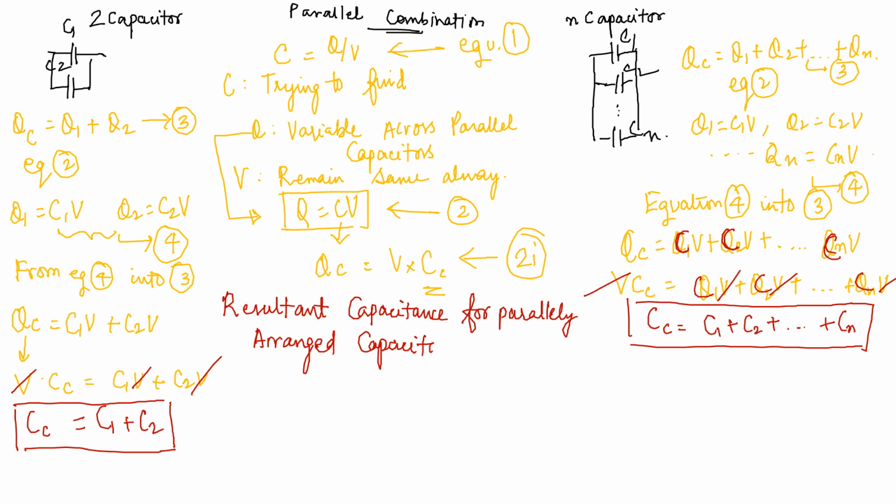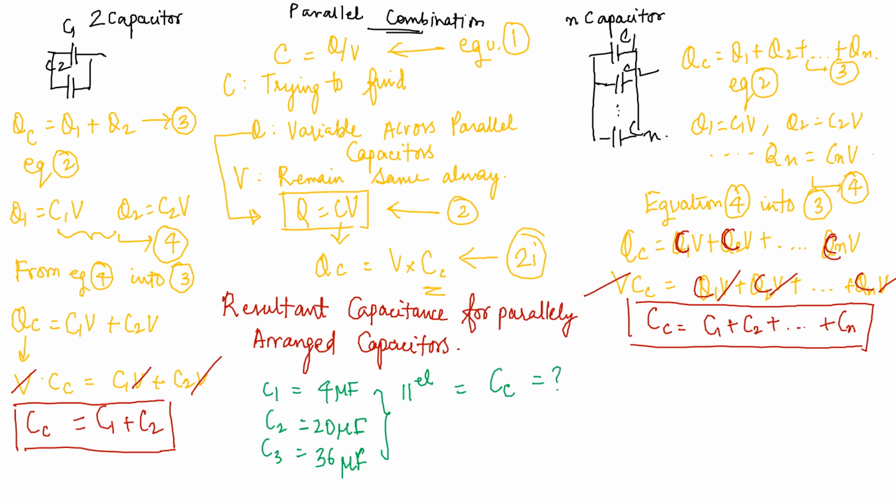Now we will solve one very little problem here. We have capacitors C1, C2, C3. Capacitor C1 is 4 microfarad, C2 is 12 microfarad and C3 is 36 microfarad. Now these are arranged parallelly. We have to find the capacitance for the combination.